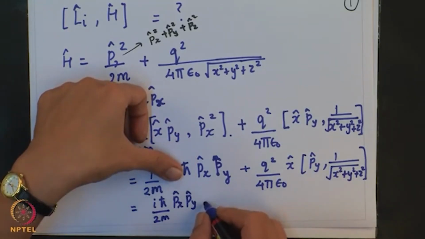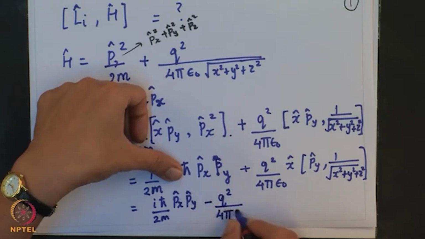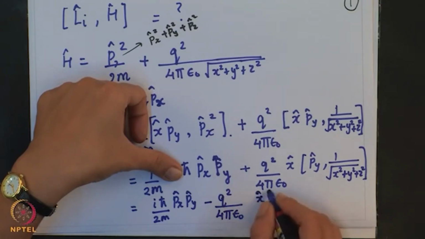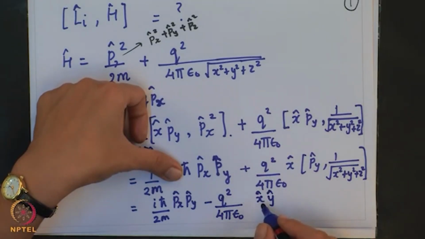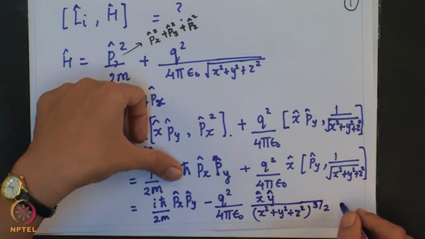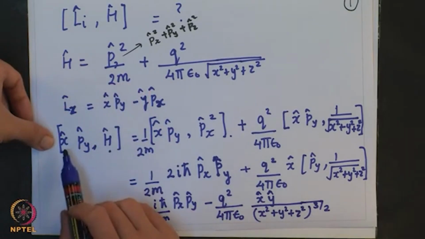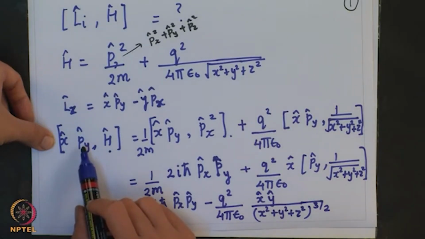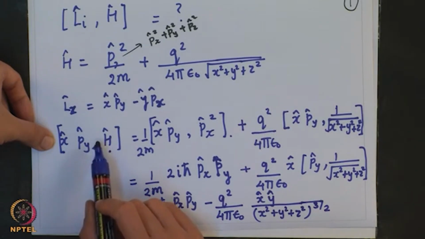So, this will come out to be minus q square upon 4 pi epsilon naught times x into y, position operator x and position operator y, upon x square plus y square plus z square the whole raised to 3 by 2. So, this is the expression for the commutator of x py with the Hamiltonian.